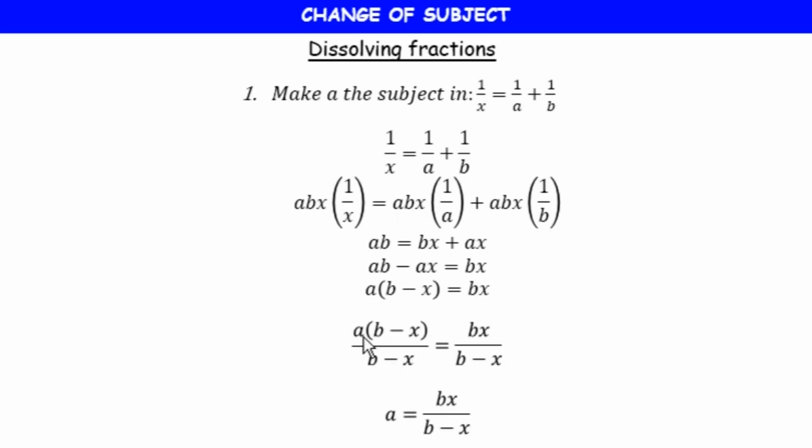So if you are dividing the left side by b minus x, we have to do likewise to the right side by dividing the right side by the same b minus x. So in the end, we are going to have a is equal to bx all over b minus x. So we have made a the subject successfully, right?